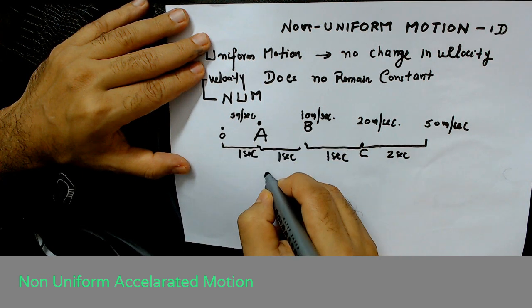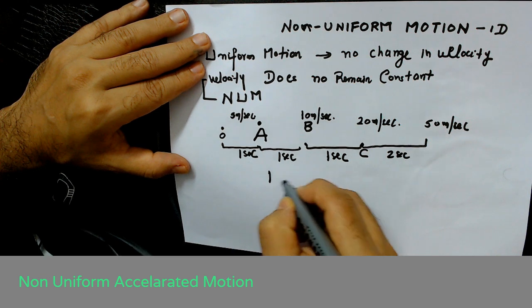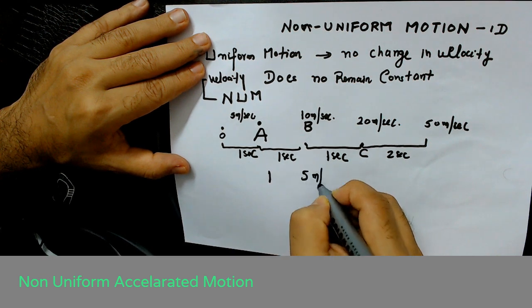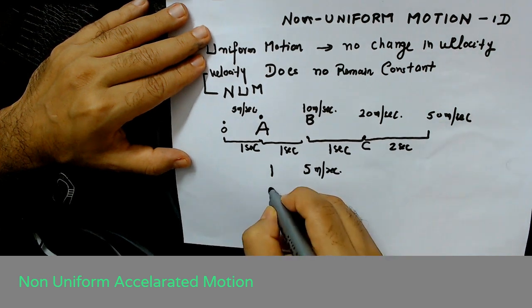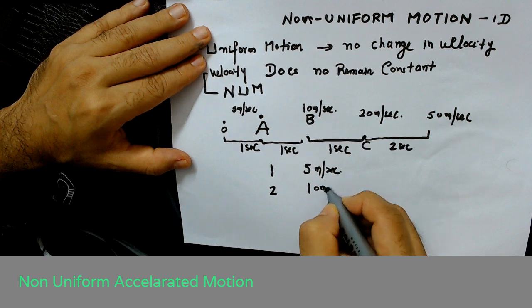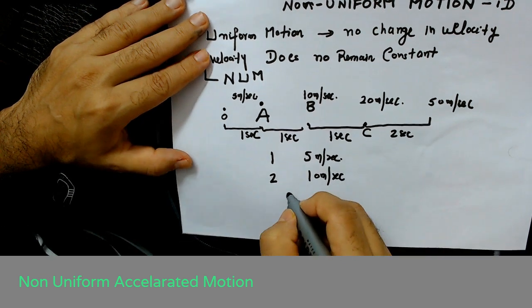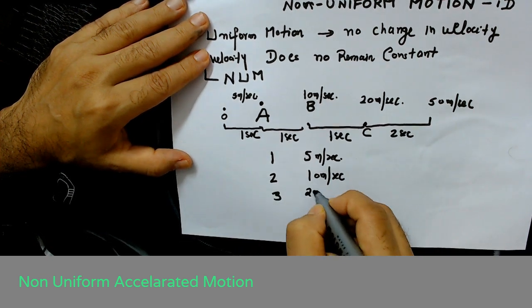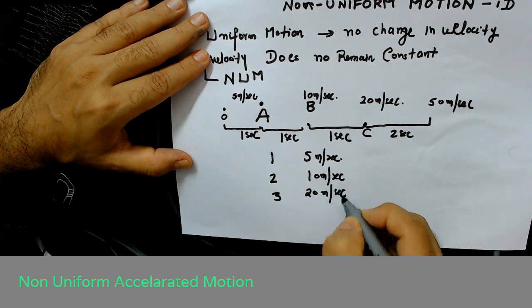So your chart is, if you were to measure the velocity after 1 second, you would get 5 meter per second, right? And at 2 seconds, you would see that the velocity of the body is 10 meter per second. At 3 seconds, the velocity of the body is 1 meter per second.